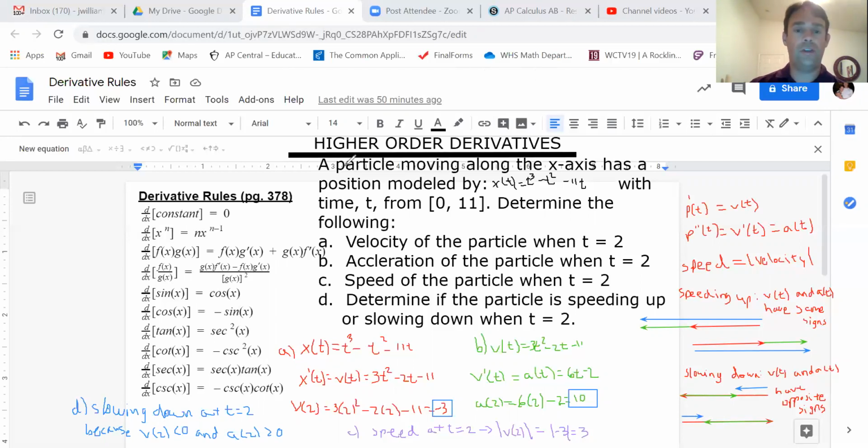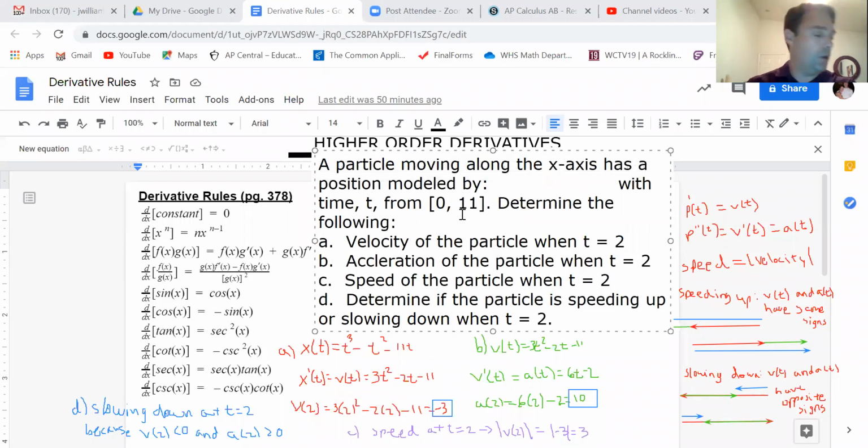So higher order derivatives we use a lot when we're dealing with particle motion. So friends, I think it's time for you guys to try one of these here. This one's going to go from 0 to 8. And I want you to test it when it's at 1.